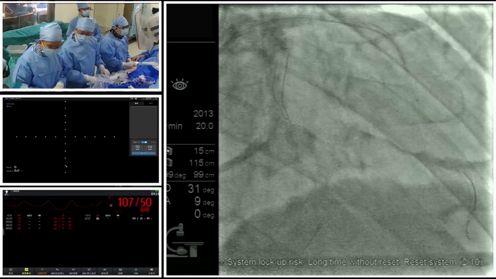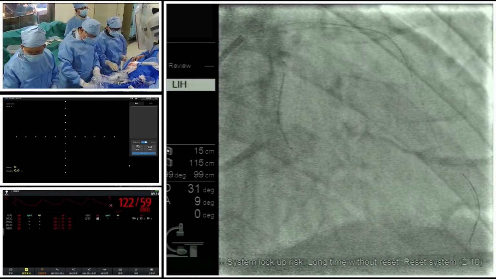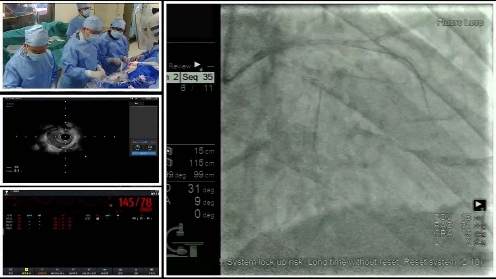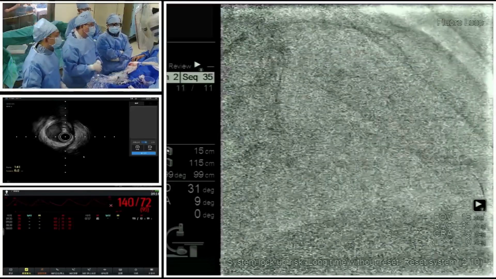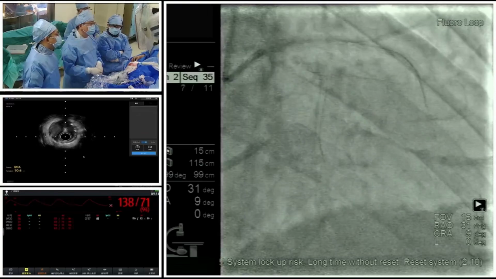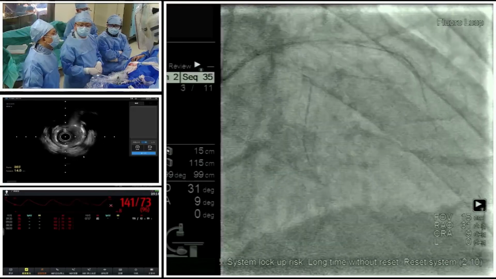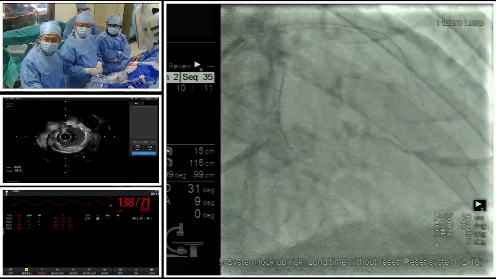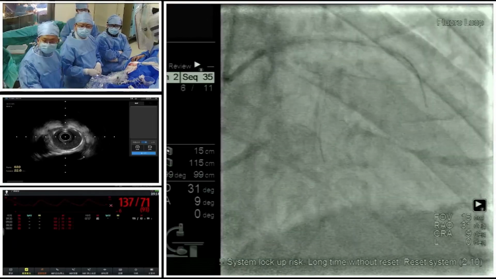So I think further research will tell us the results. Both techniques have their own pros and cons. Sometimes for certain calcified lesions, maybe rota is the better choice. For some other types of lesions, the IVL is the better choice. And sometimes we have to combine these two techniques. So it really depends on the morphology of the lesion.